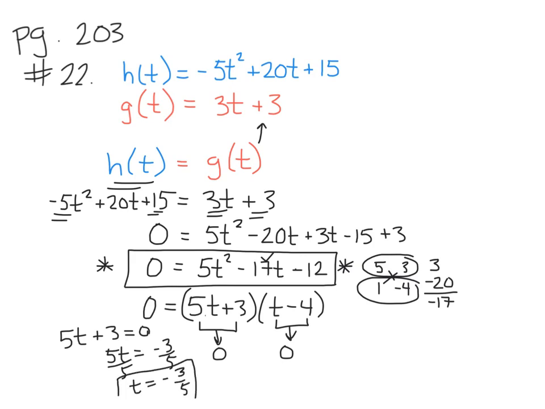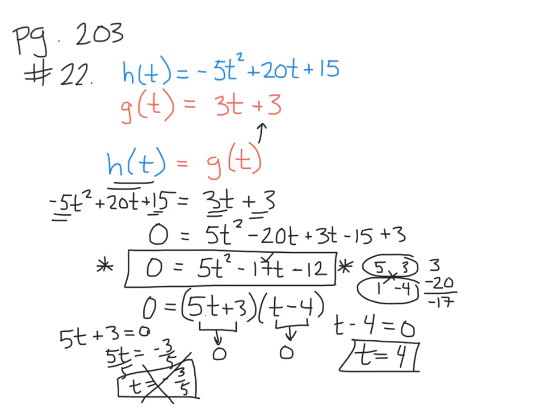Now, I'm going to assume that this is inadmissible because there is no such thing as negative time happening. The BB gun, paintball gun, whatever you want to call it, didn't hit the baseball at minus 0.6 seconds ago. From the second bracket, however, I got t minus 4 is equal to 0, which means that t is equal to positive 4.